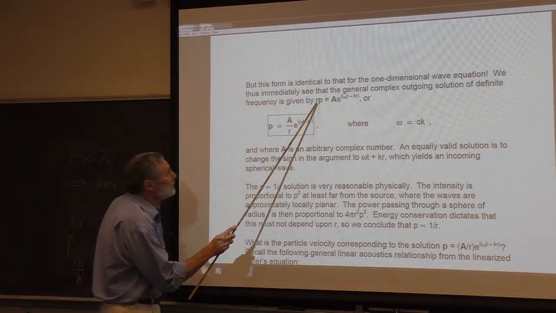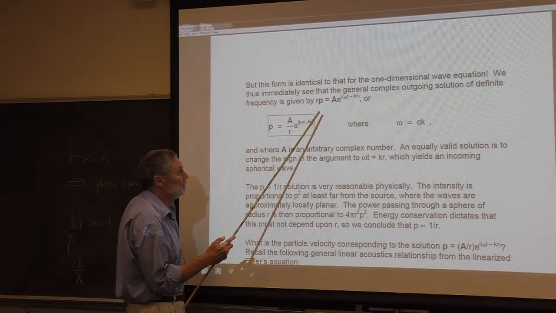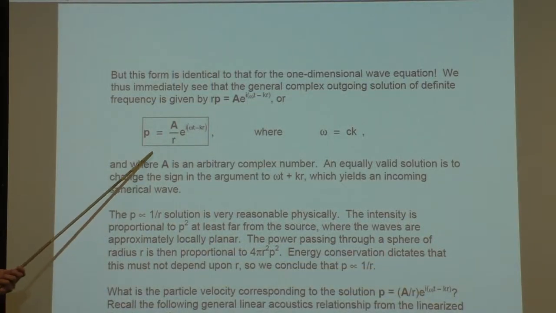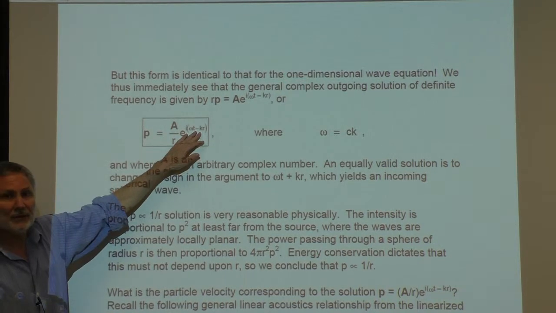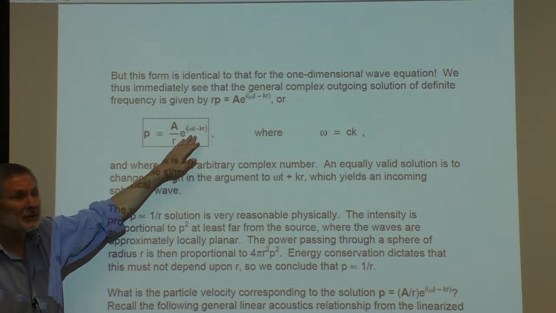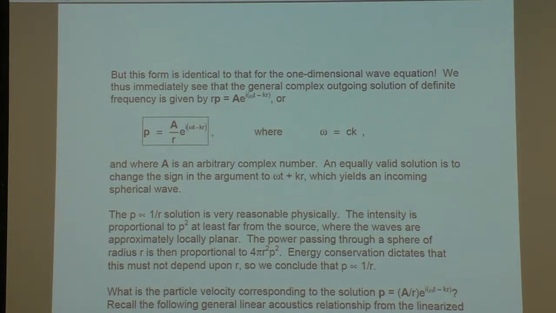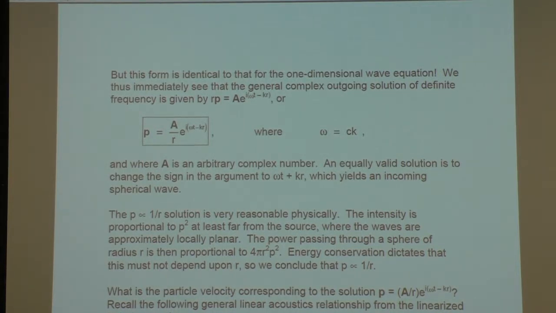So this is nice. We can utilize our knowledge of the one-dimensional wave equation to get the solution. Now we just divide by r, and we get this expression for an outgoing spherical wave. That's what the acoustic pressure looks like. It's got the usual phase factor here, the wave factor. We know that's going to be there, right? And you can see that the amplitude falls off proportional to the distance. Why is that?